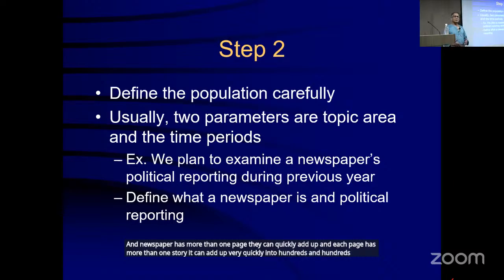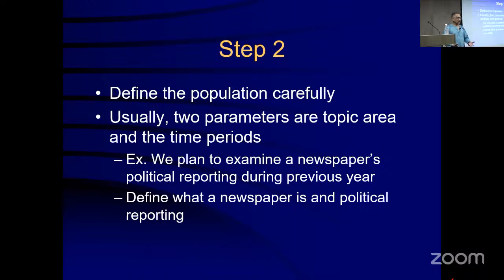So sampling, for example, population last 1 year, 365 issues. But 365 issues is a lot. And so using a research handbook, you will choose a smaller number.